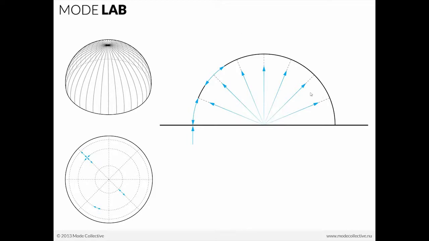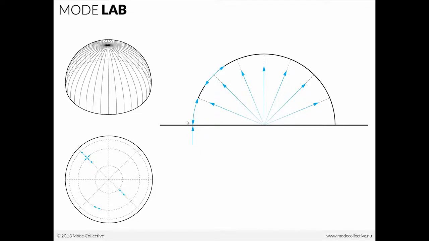Inside the volume we have pressure that is being placed upon the surface in a perpendicular direction. So as we push out on the skin of the membrane or the pneumatic volume, the pressure is being taken up by that surface and distributed laterally across it.